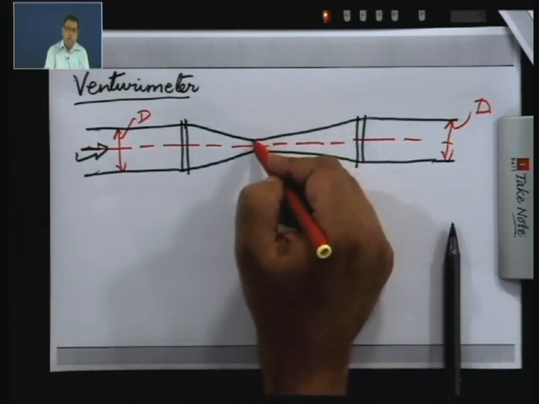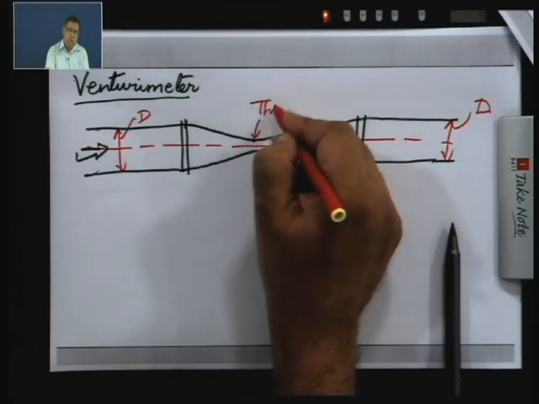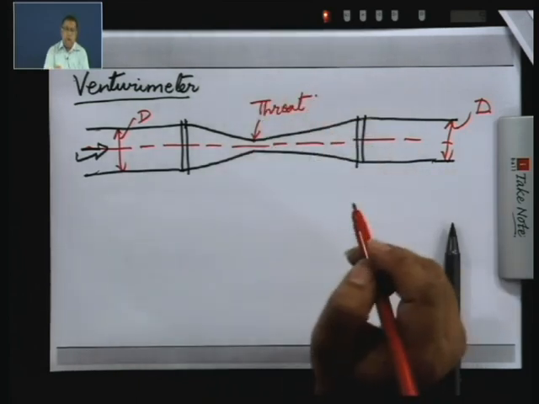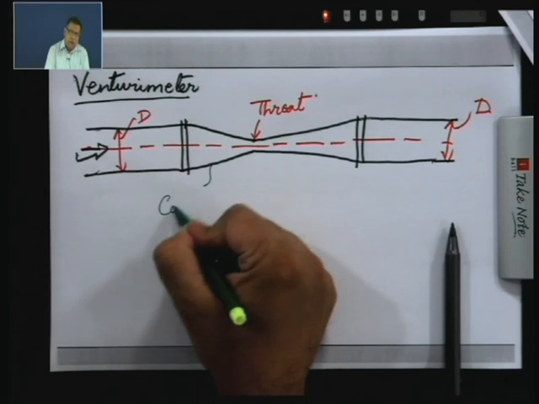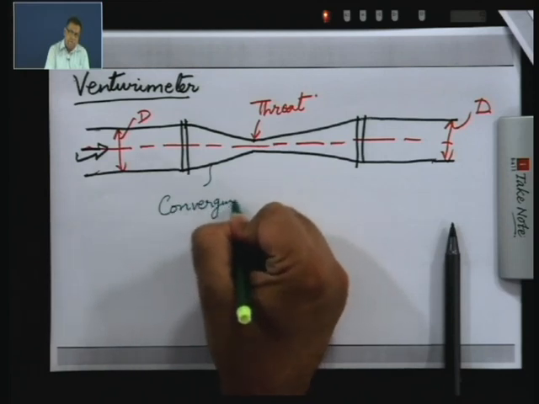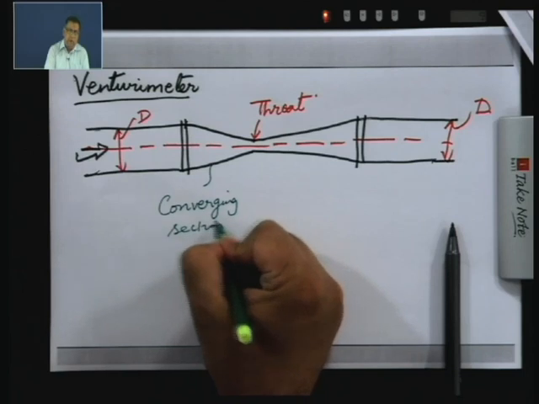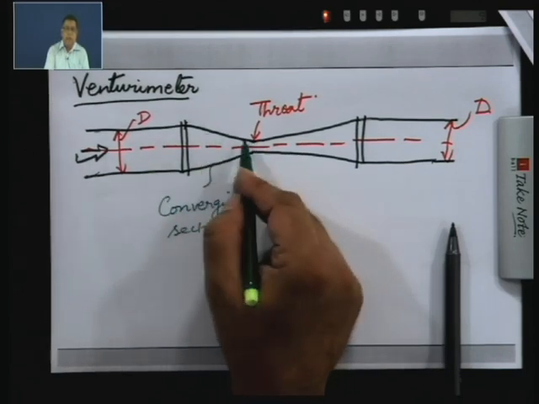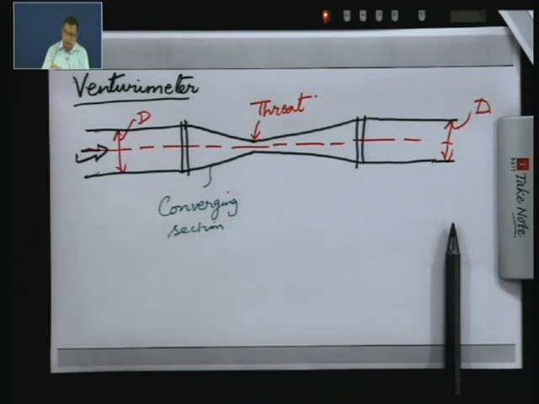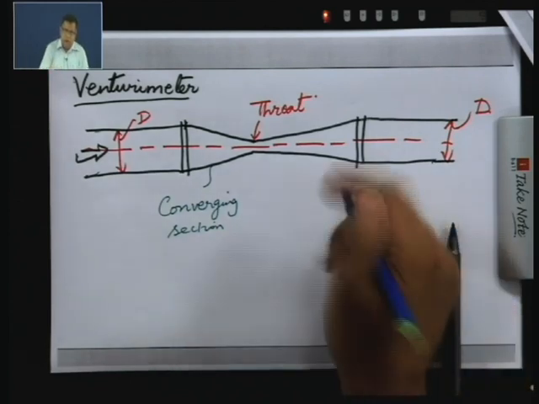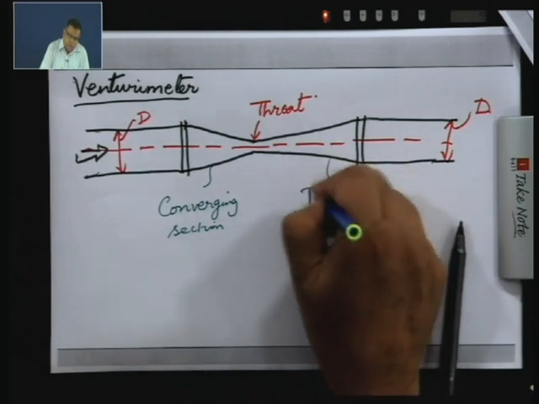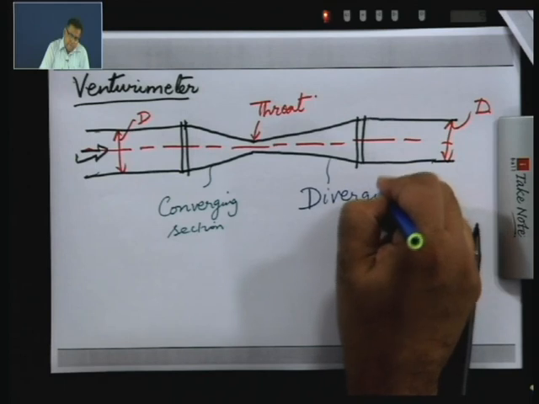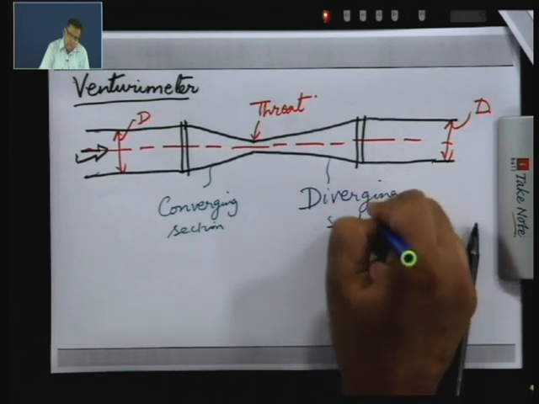Now, this point of minimum section here is referred to as the throat of the venturimeter, and this is the converging section where the area of the tube is decreasing in the direction of flow. And this part is the diverging section.